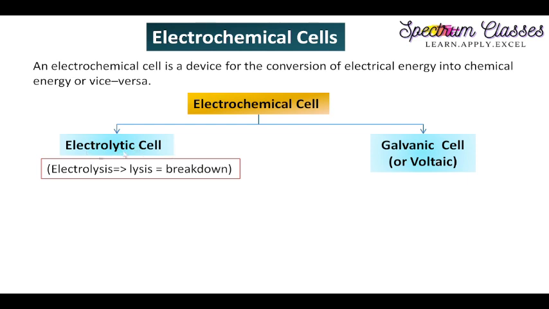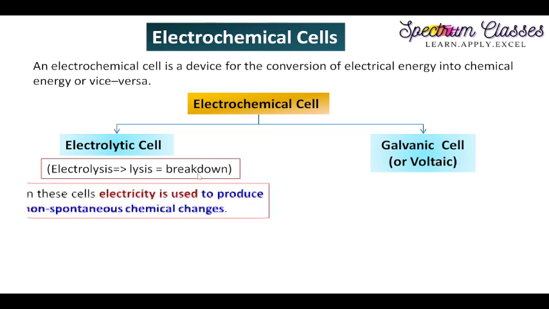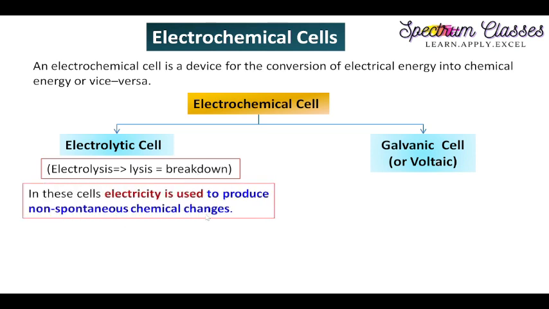Here, electrolytic is further divided into electro plus lysis, right? This "lysis" stands for breakdown, and electro stands for electricity. So by using electricity, we break down a non-spontaneous chemical reaction. Here I am going to give you an example.